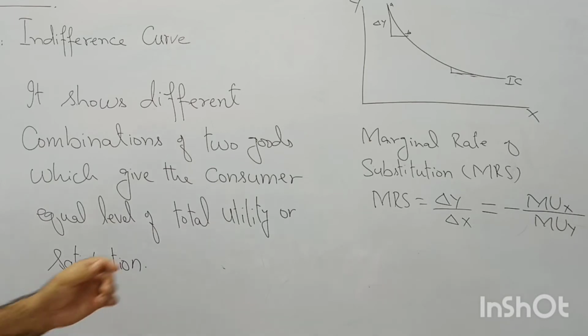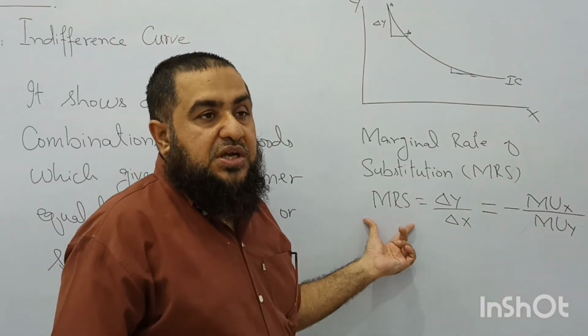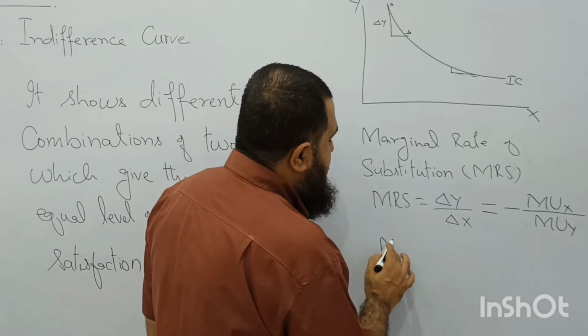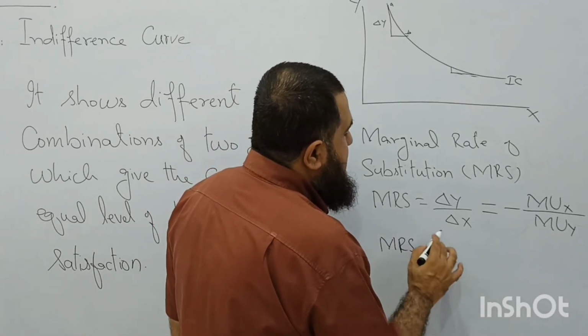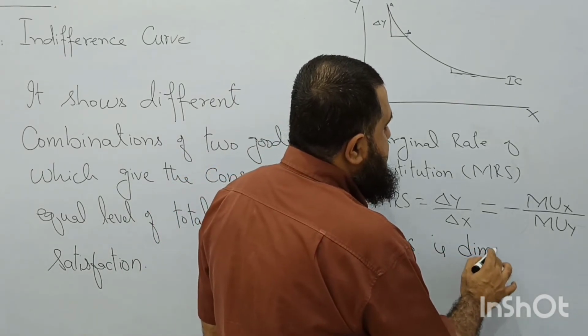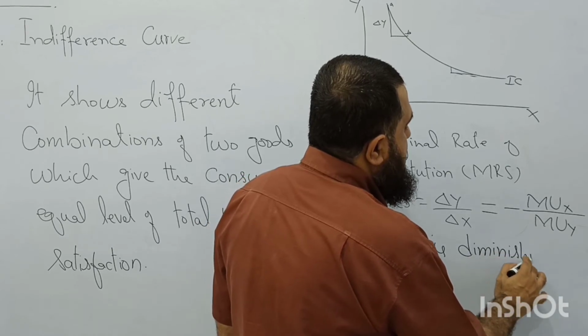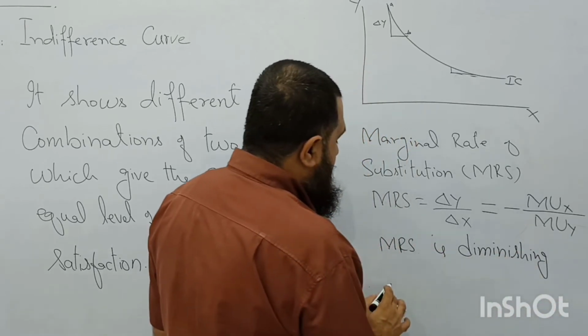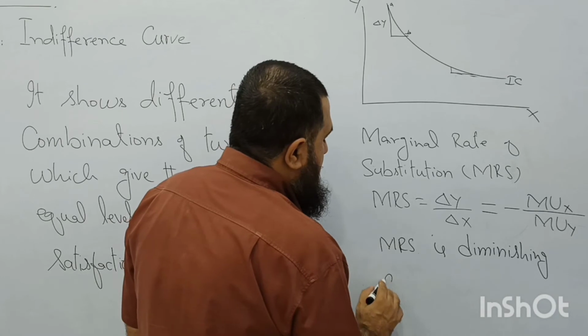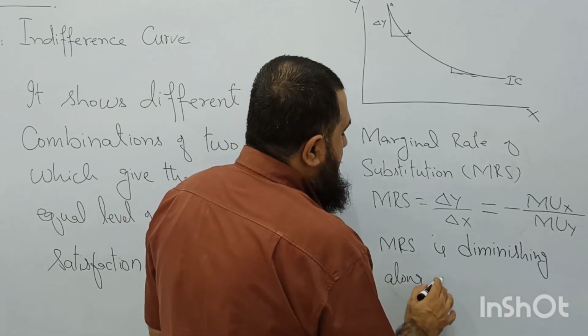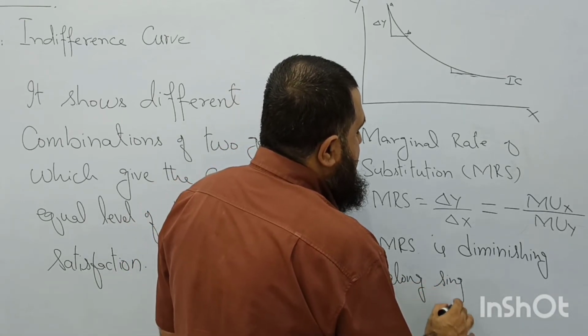So its slope is called marginal rate of substitution, and the marginal rate of substitution is diminishing along a single indifference curve.